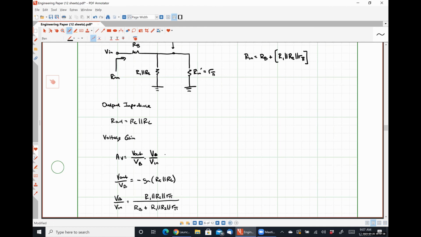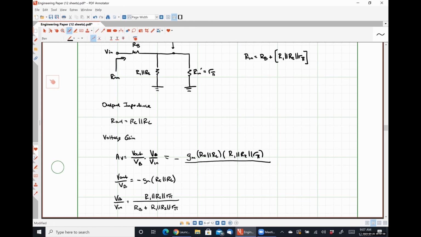If I multiply these two results together, what I get is negative GM times RC in parallel with RL, multiplied by R1 in parallel with R2 in parallel with R pi.